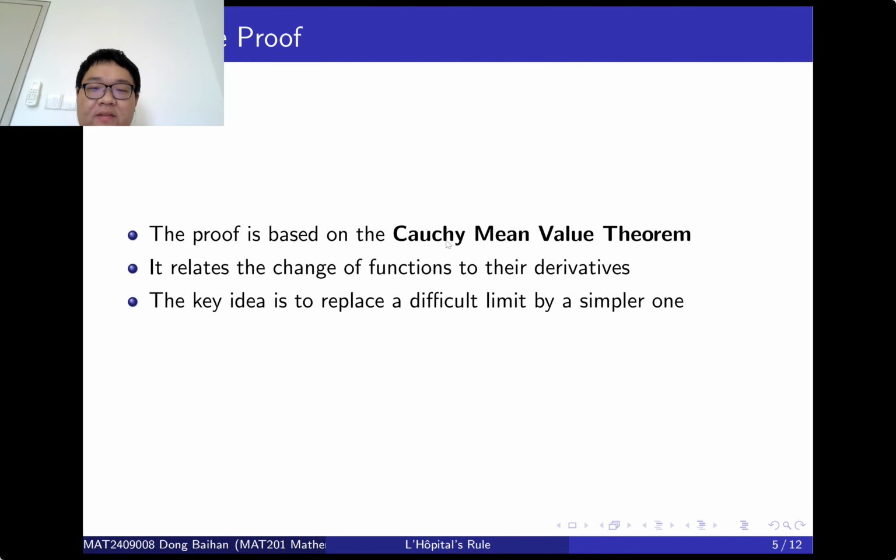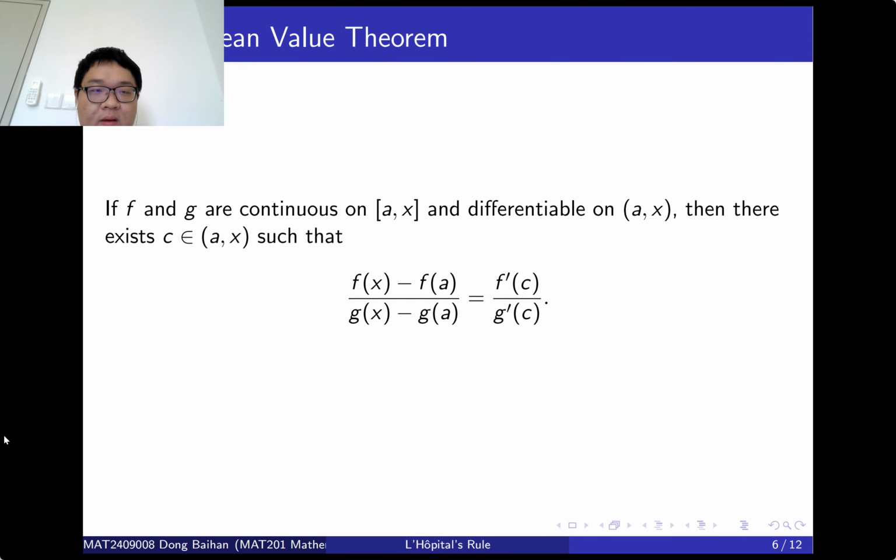Okay, so the proof is based on the Cauchy mean value theorem. It's really the change of functions to their derivatives. The key idea is to replace a difficult limit by a simple one. Let's remind ourselves what the Cauchy mean value theorem is.